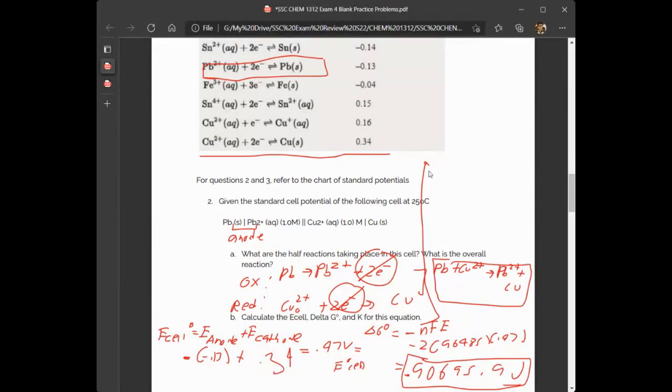So we have delta G naught, and we're asked to find K. The formula that relates delta G naught to K is delta G naught equals negative RT ln K, and we know this from exam 3.